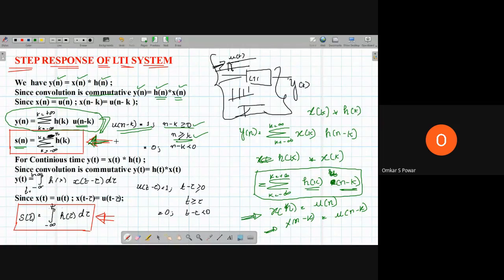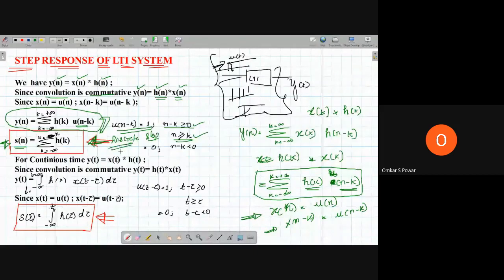There will be a question: find the step response of the LTI system described by some impulse response. If you use this formula, s of n is equal to summation k varies from minus infinity to n h of k, you will directly end up with the step response. Okay. So this is the step response for discrete time system.